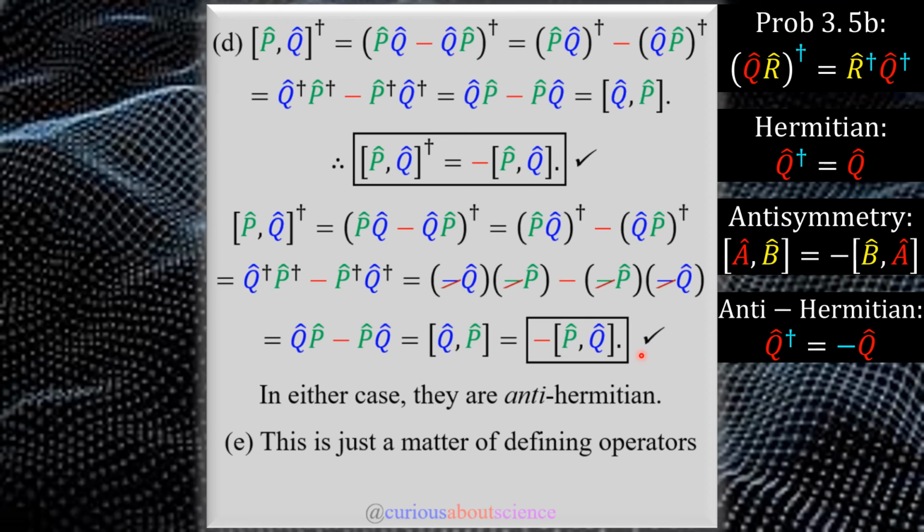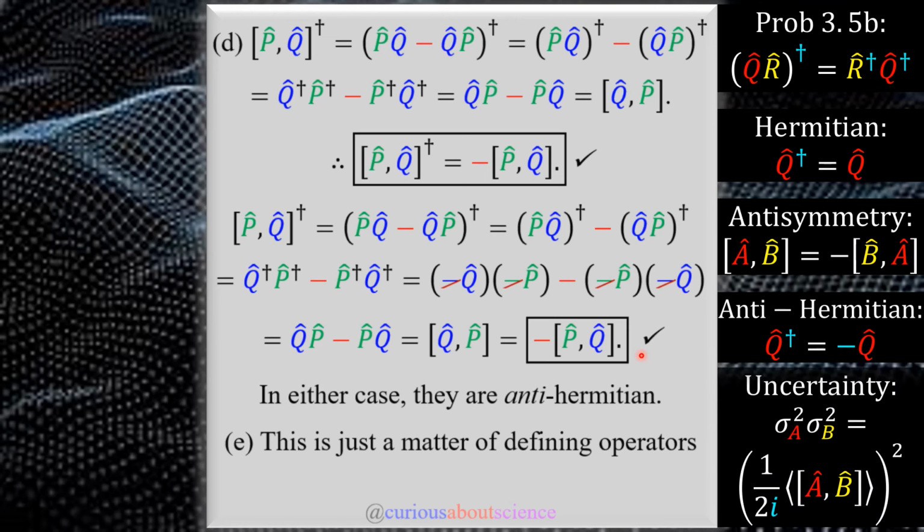And so that is wonderful, and knowing that the commutator of two Hermitian or anti-Hermitian operators is anti-Hermitian, coupled with what we saw in part A with the expectation value of anti-Hermitian operators being imaginary, this gives us the insight that we used to prove the uncertainty principle early. When we were wondering why we had an i multiplying in the uncertainty relationship, that's because we know that the expectation value of an anti-Hermitian operator is imaginary.